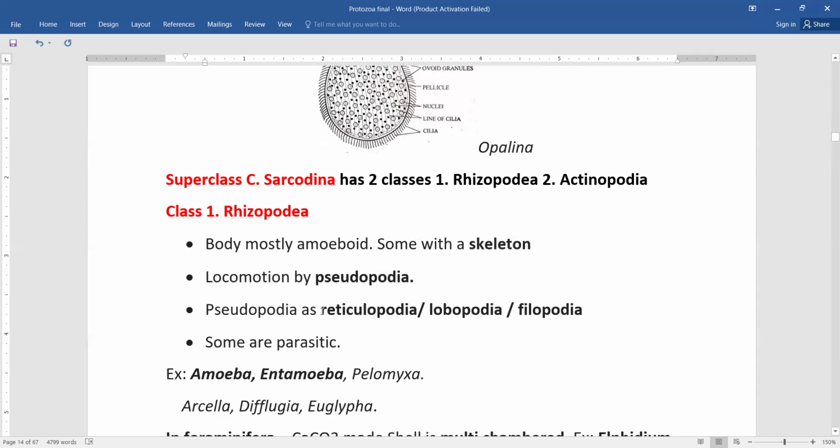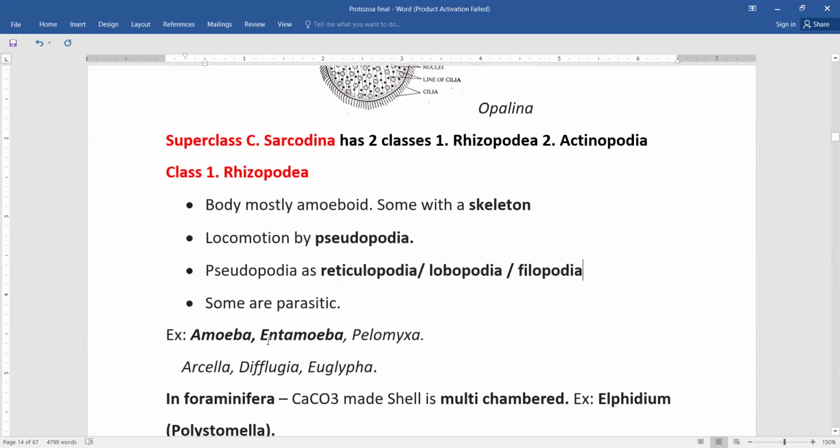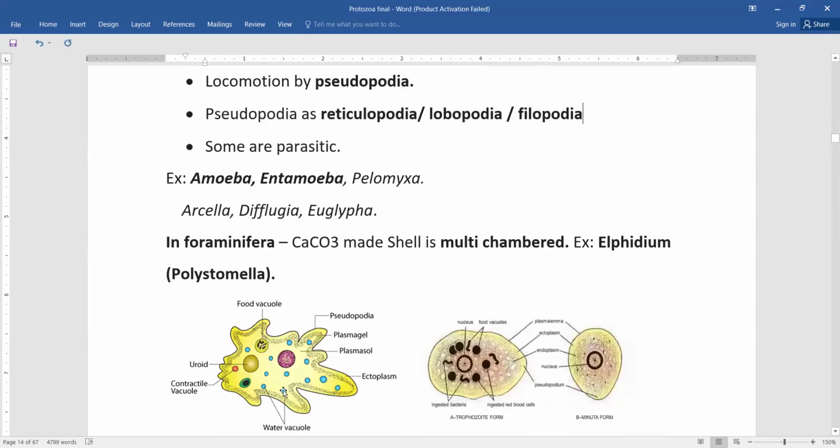And sometimes there may be different kinds of pseudopodia: reticulopodia, lobopodia, thread-like filopodia. They will come, I'll explain there. Some are parasitic. Examples: Amoeba, Entamoeba, Pelomyxa, Arcella, Difflugia, Euglypha.